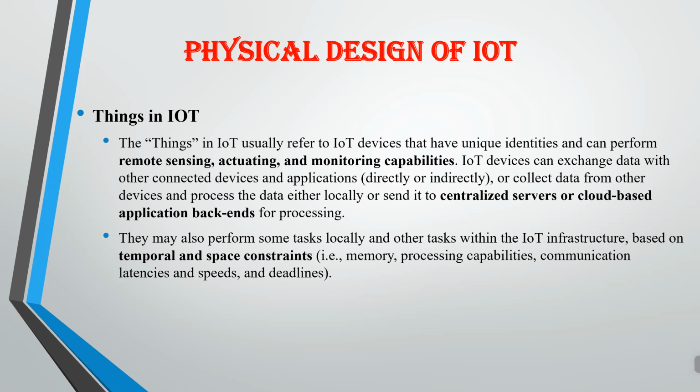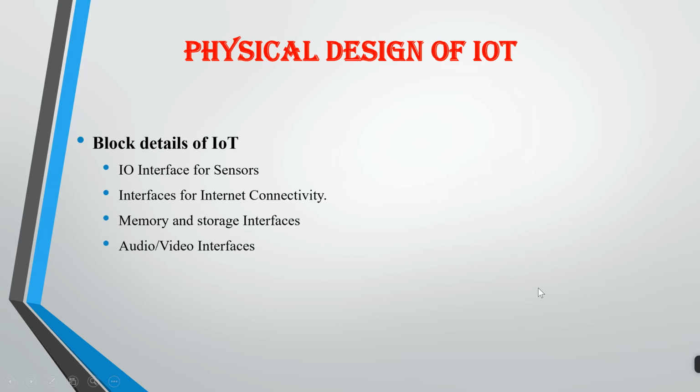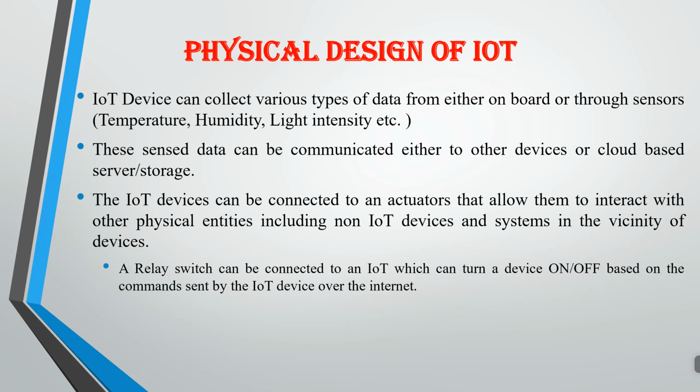These are all the various constraints within which the IoT devices need to perform. As I already told, the block diagram of IoT contains IO interfaces for sensors, interfaces for internet connectivity by means of RJ connectors, memory and storage devices, and audio and video interfaces.